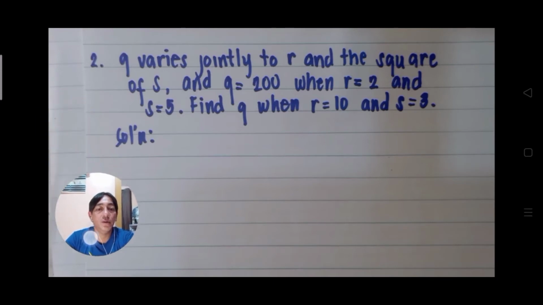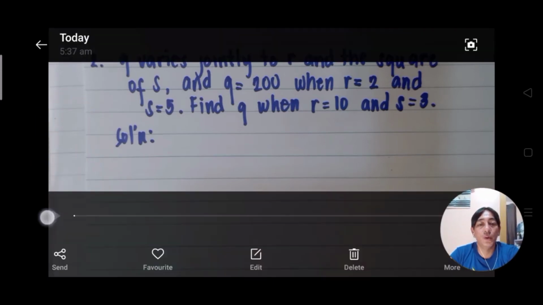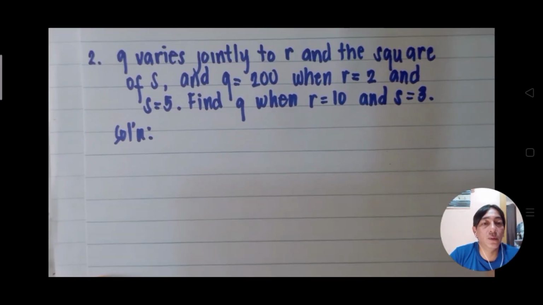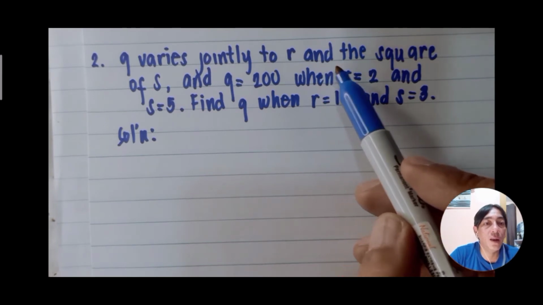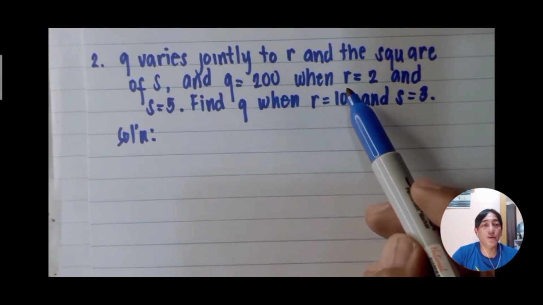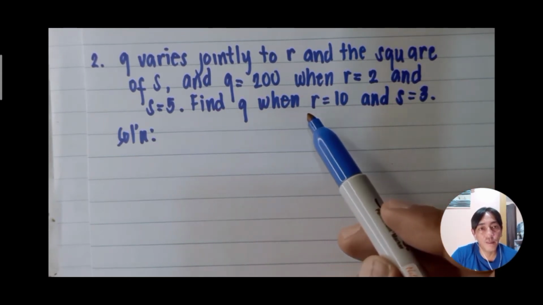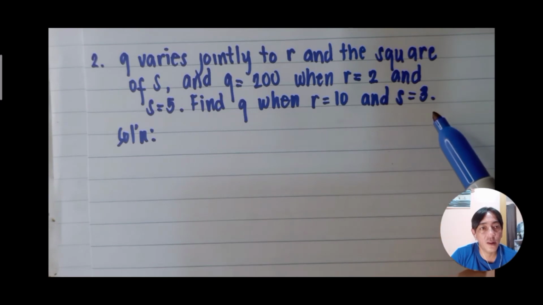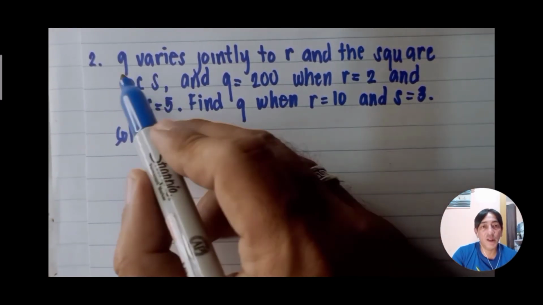Let us go now to example number 2. Okay, so q varies jointly to r and the square of s. And q is equal to 200 when r is equal to 2 and s is equal to 5. Find q when r is 10 and s is equal to 3. So let us have the mathematical equation.